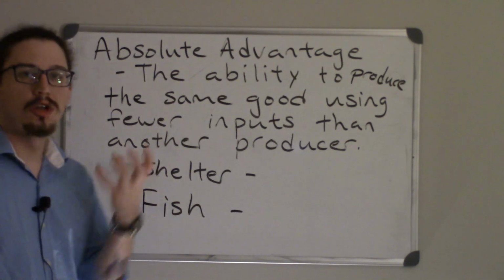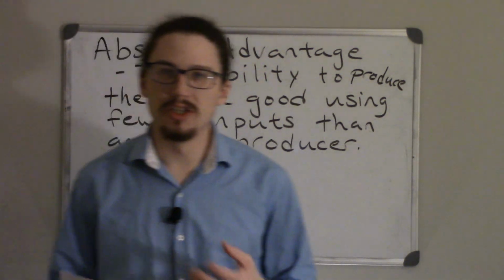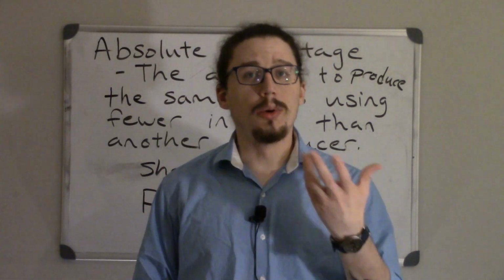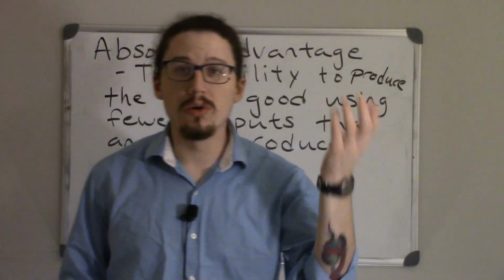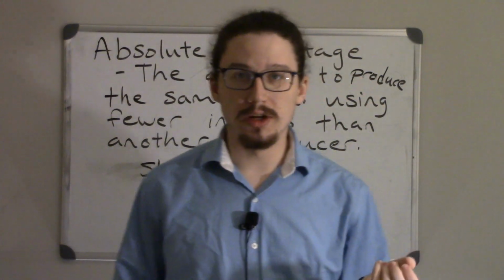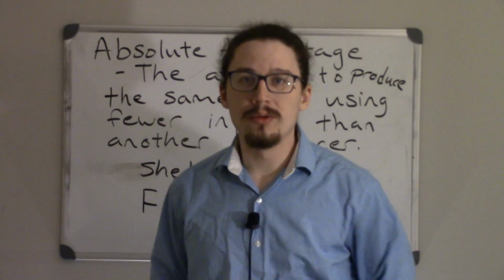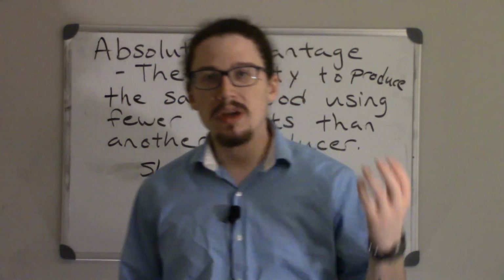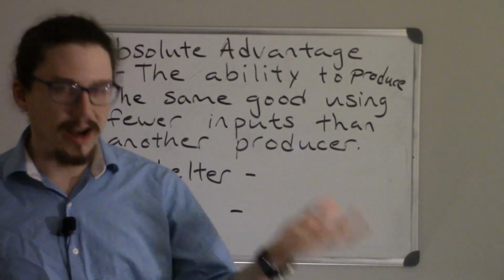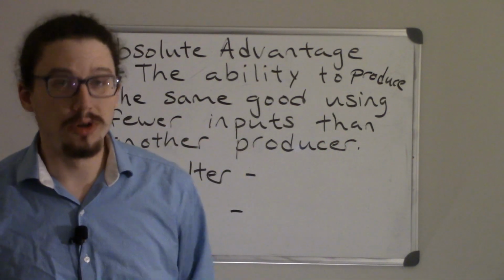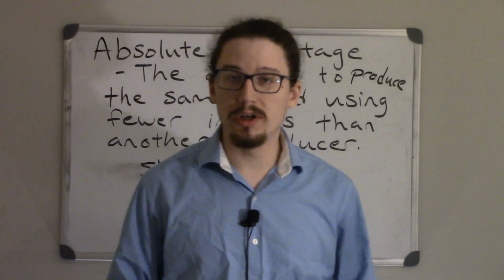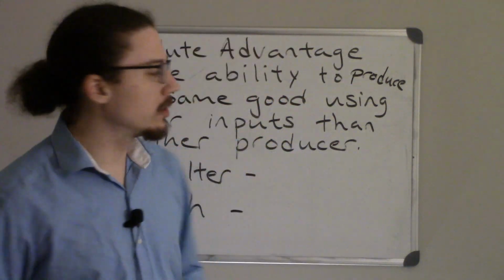So if we look at shelter, who has the absolute advantage in producing shelter? All right, well, we look and we say Robinson Crusoe was able to produce 12 shelter if they produce nothing else, and Friday was able to produce 30. So Friday is able to produce more of the same good, right, given the same number of resources.